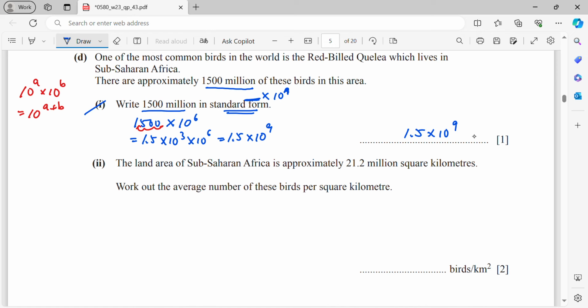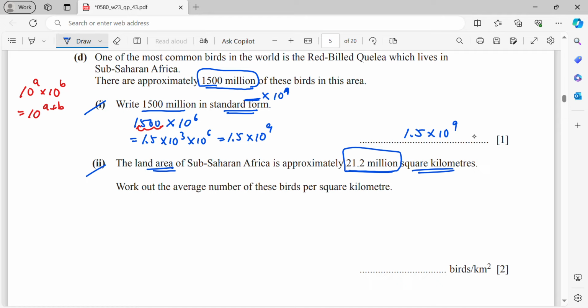Okay, now part 2, the land area of sub-Saharan Africa is approximately 21.2 million square kilometers. Work out the average number of these birds per square kilometer. Okay, so the total is 1,500 million. And the land area is 21.2 million.